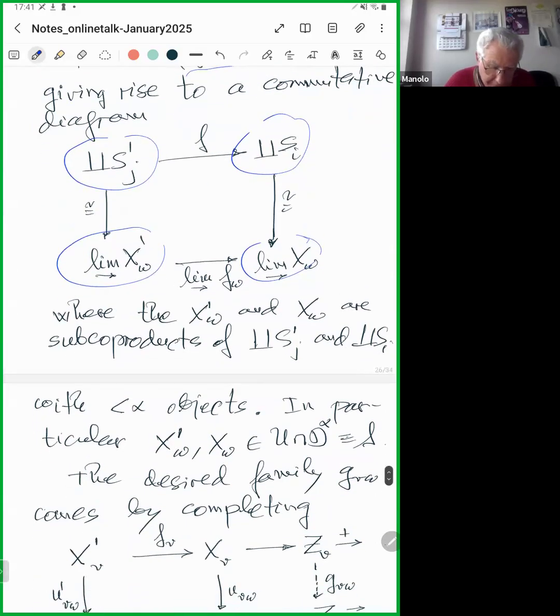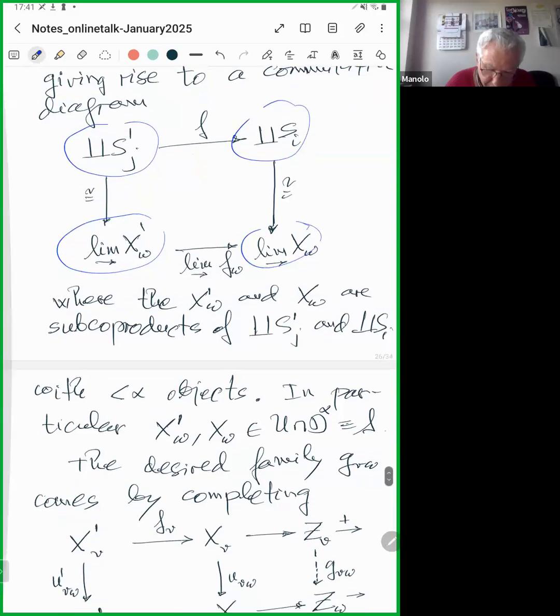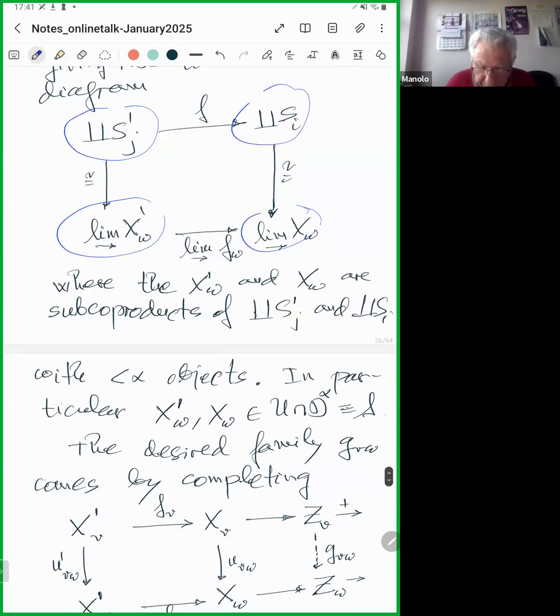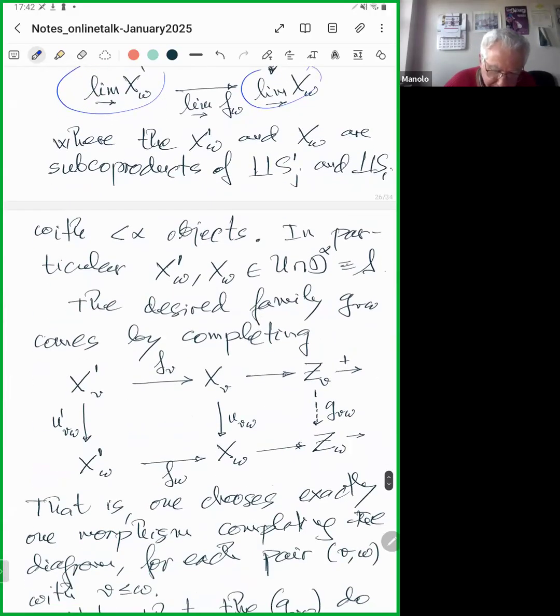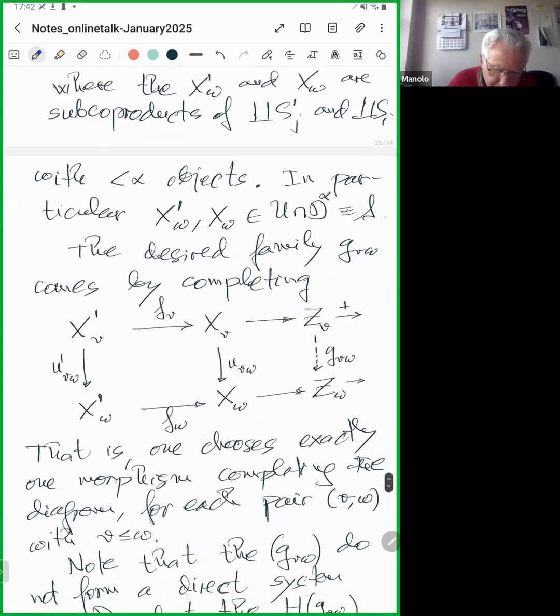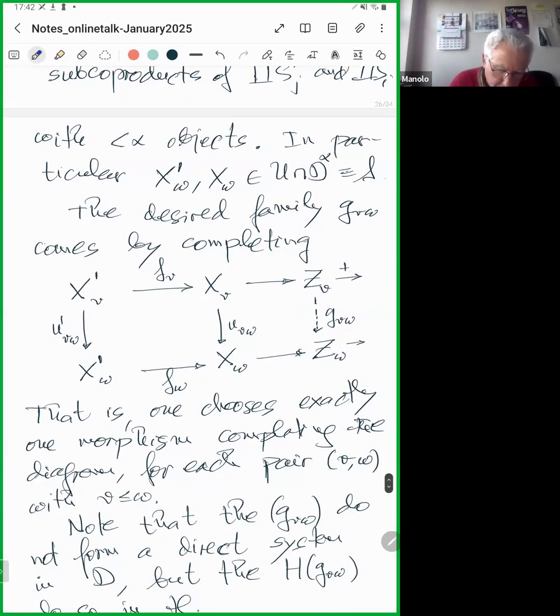And then in particular, because D alpha is closed under coproducts of less than alpha objects, you can assume that X prime W and XW are both in S. And then the desired family comes by completing the following diagram.